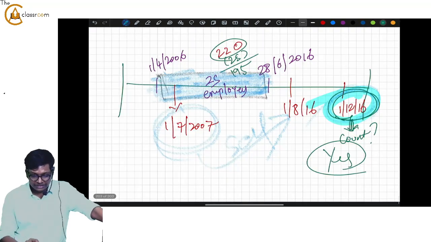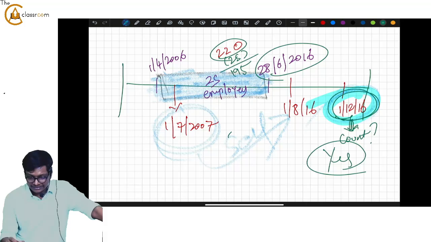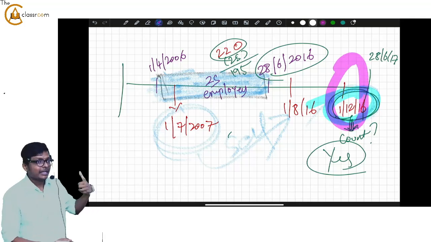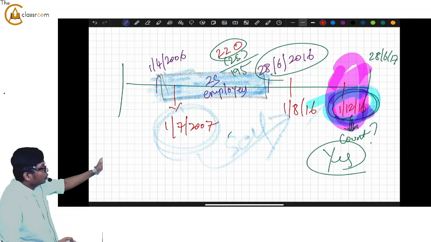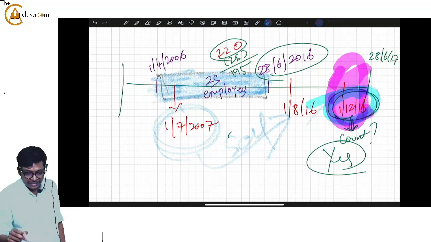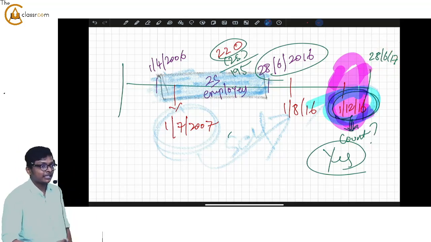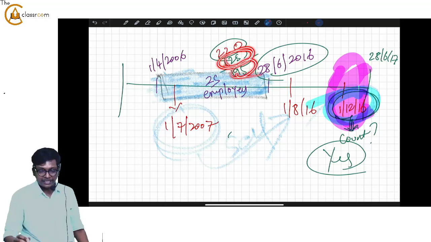Then if you look at 2017, it is not ending here. It is next year, 28th June 2017. That means these shares were purchased during employment. In the second case, these shares are purchased during employment because they are in employment till 28th June 2017. Are you following, guys? So in the second case, you will reduce this 25 and 195 will be the count.